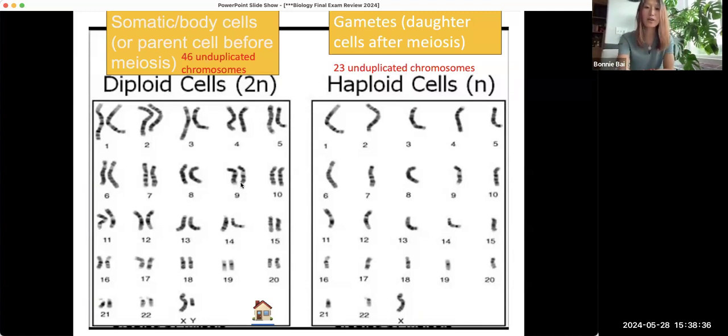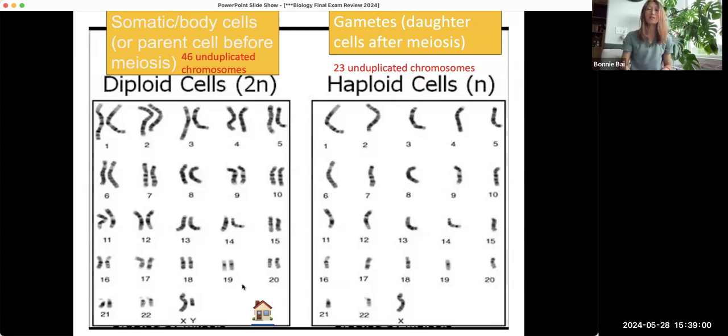And again, why would you have two of them? One is from mom and one is from dad. That's how you end up with a diploid cell, right? It says 2N. It's really 2 times 23. They're 23 individual chromosomes, but you have 2 of each kind, so you have 23 pairs of chromosomes, really. So this is a total of 46 chromosomes on the left side.